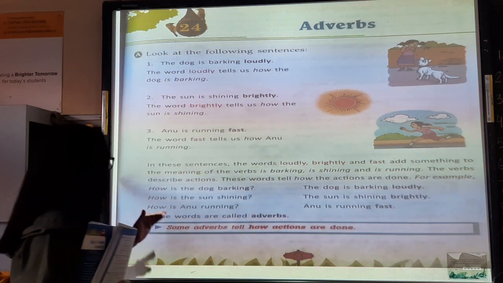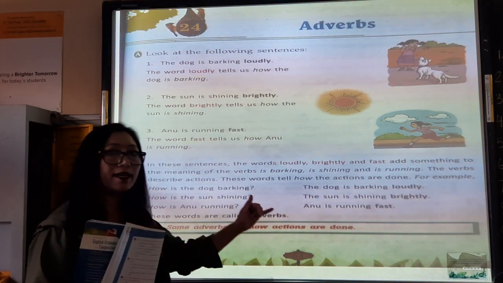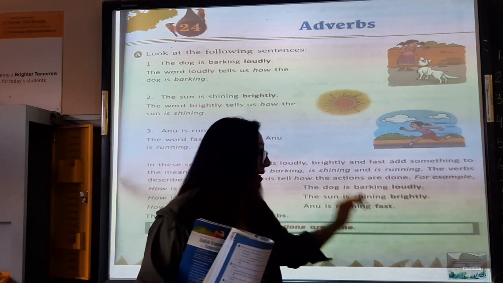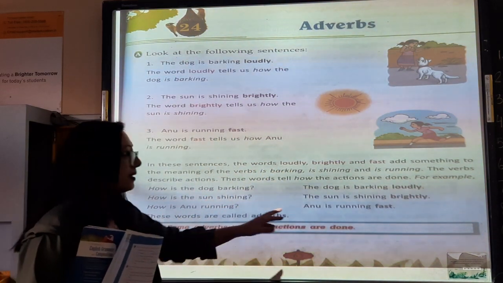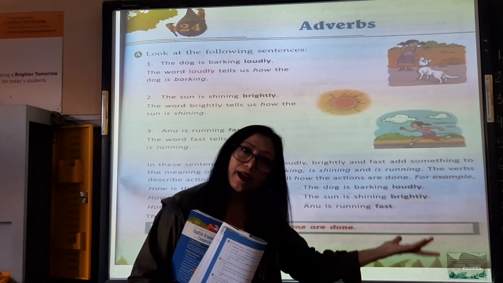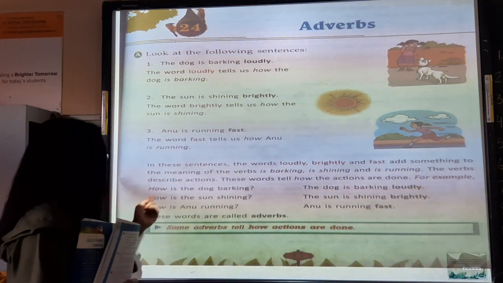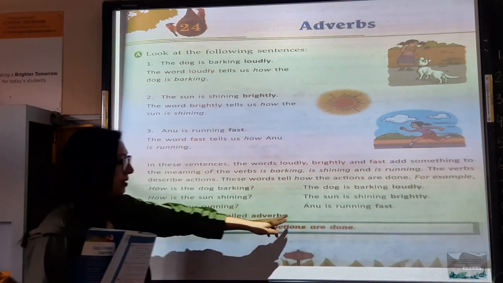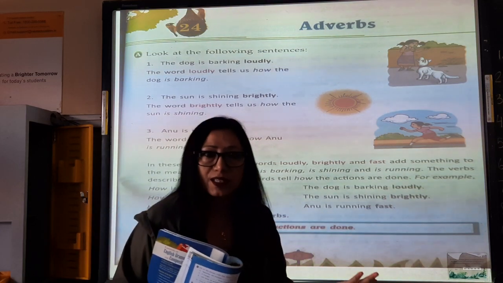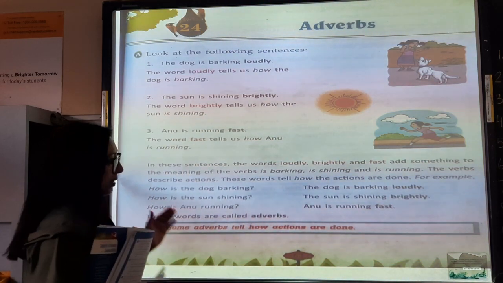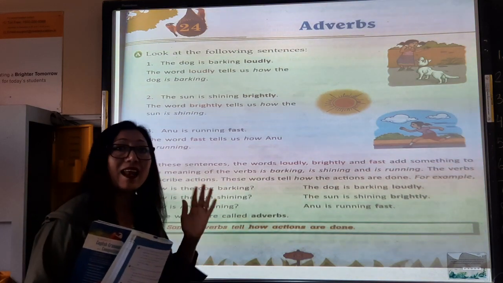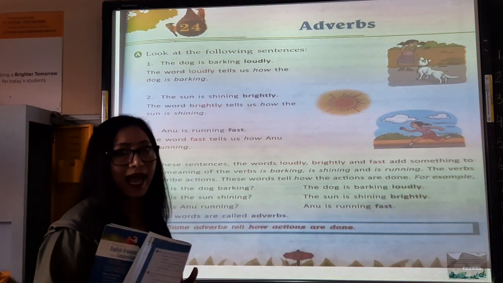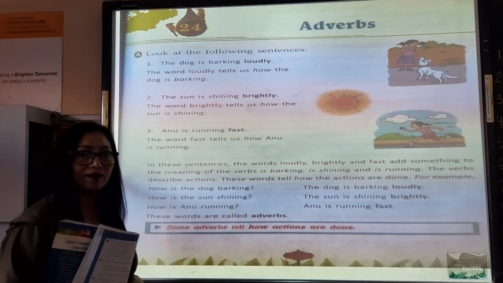For example, how is the dog barking? The dog is barking loudly. How is the sun shining? The sun is shining brightly. How is Anu running? Anu is running fast. So, the words loudly, brightly, fast tell us how the actions are done.